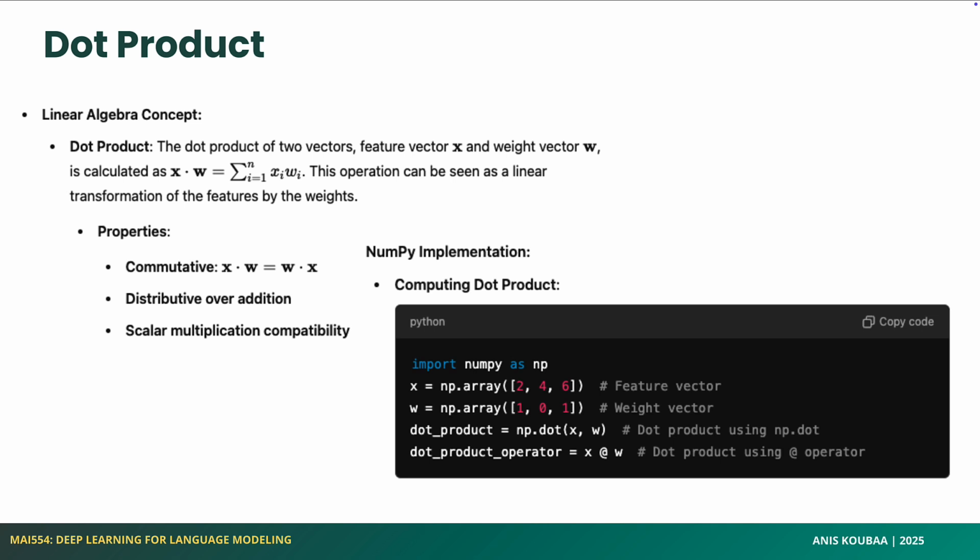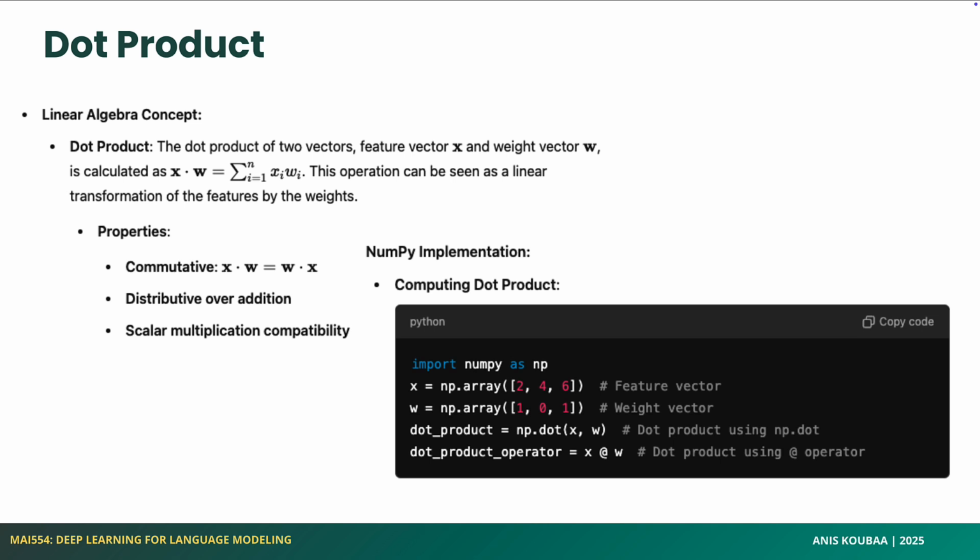You have a vector W and a vector X, and the dot product will be just a scalar, X multiplied by W. The dot product is the scalar which is the sum of the products of Xi and Wi. Very simple. This is a simple equation, but it has a lot of meaning.